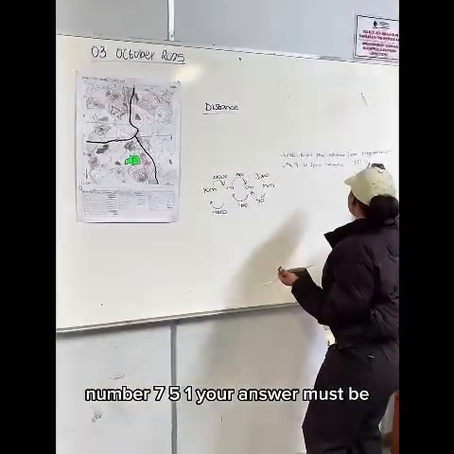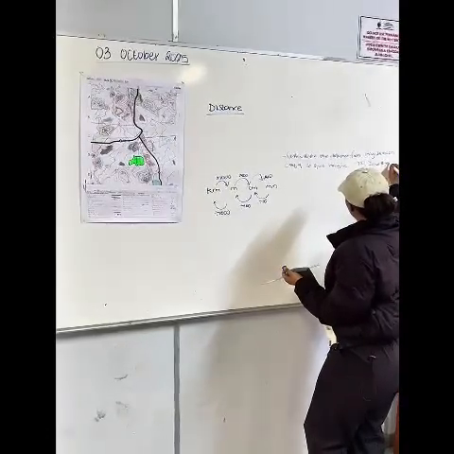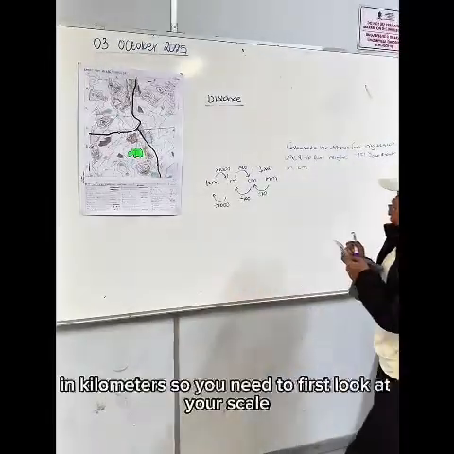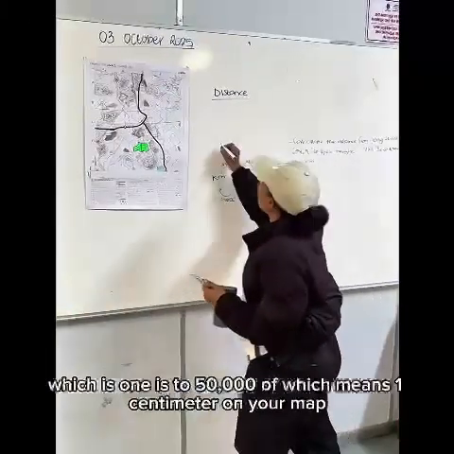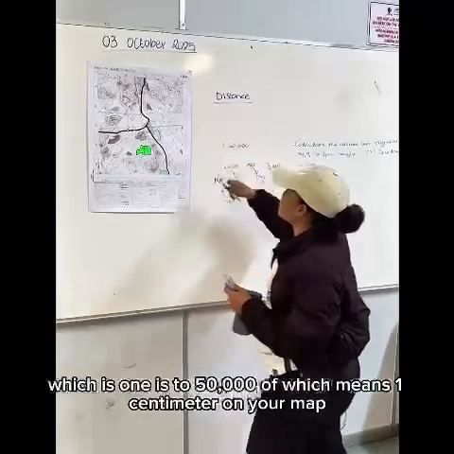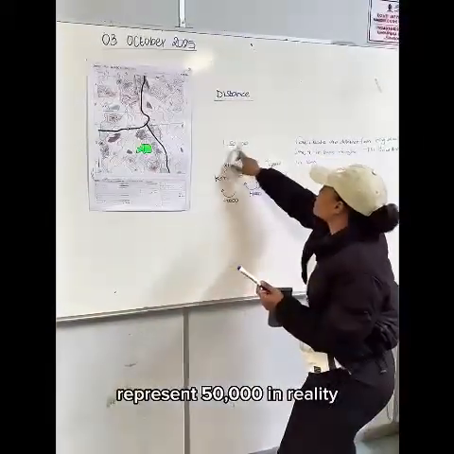Your answer must be in kilometers. So you first need to look at your scale, which is 1:50,000, which means 1 centimeter on your map represents 50,000 centimeters in reality.